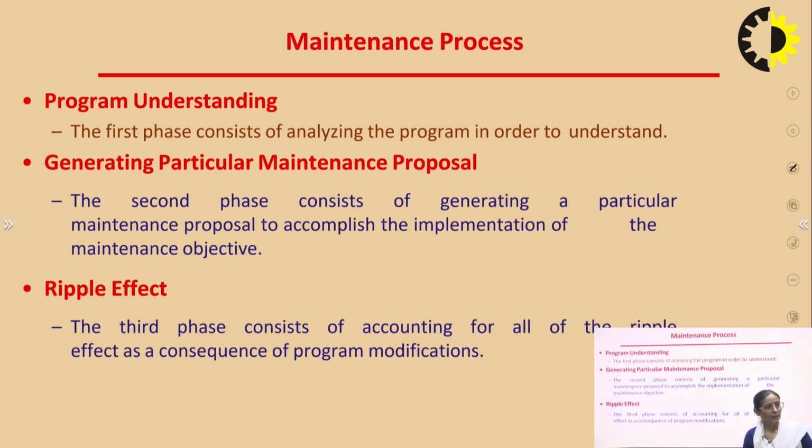Ripple effect, the third phase, consists of accounting for all of the ripple effects as well as the consequences of the program modification. And if we don't do this phase, then what will happen? Whatever activity you are performing during the maintenance phase will not provide stability to your software.